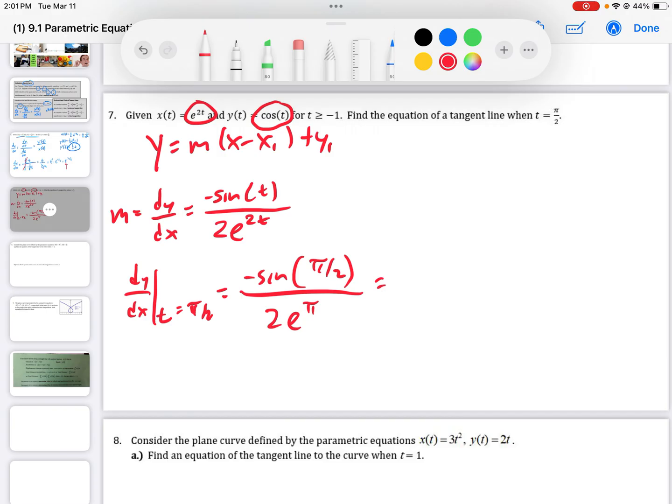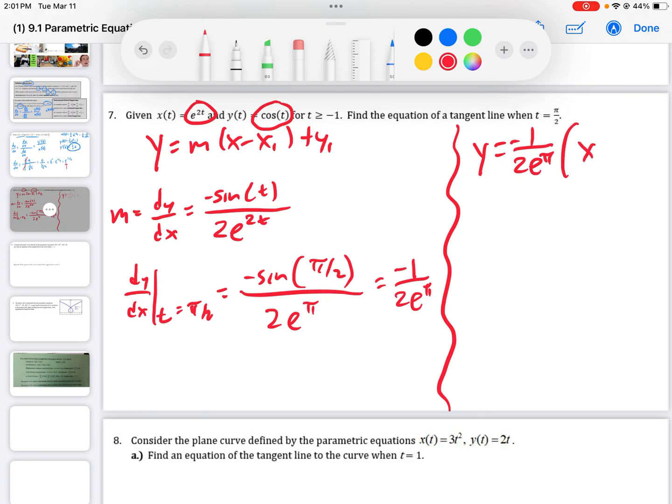Negative sine of pi over 2 is equal to negative 1, over 2e to the pi. So that's the slope. So my tangent line is y is equal to negative 1 over 2e to the pi, times x minus x1. All right, what is the x value when t is pi over 2?